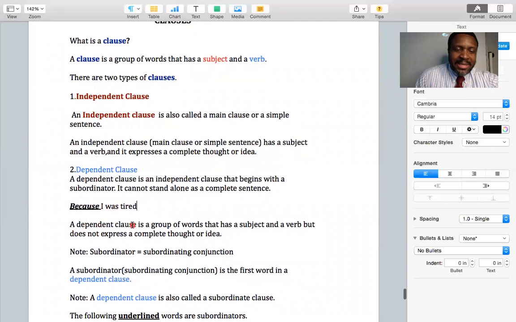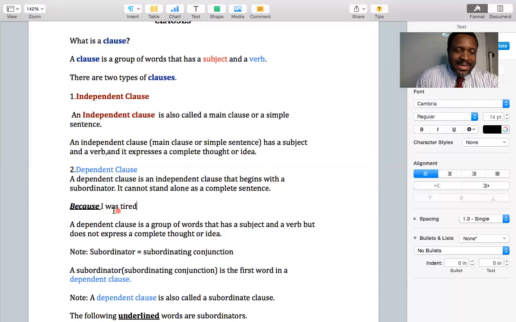A dependent clause is a group of words that has a subject and a verb but does not express a complete thought or idea.